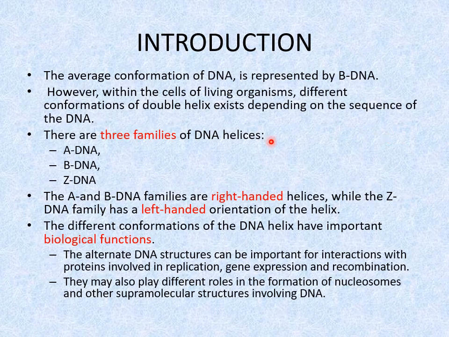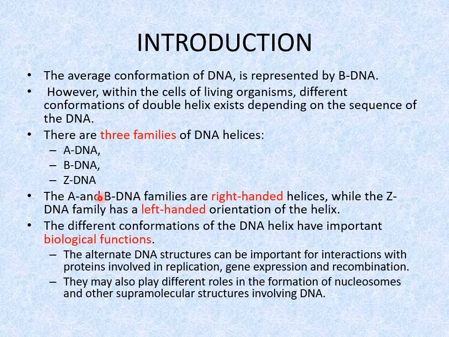So the three families of the DNA helix are the A, B and Z DNA, and the majority of the DNA is in the form of B DNA, that we know is the double helical Watson-Crick model.